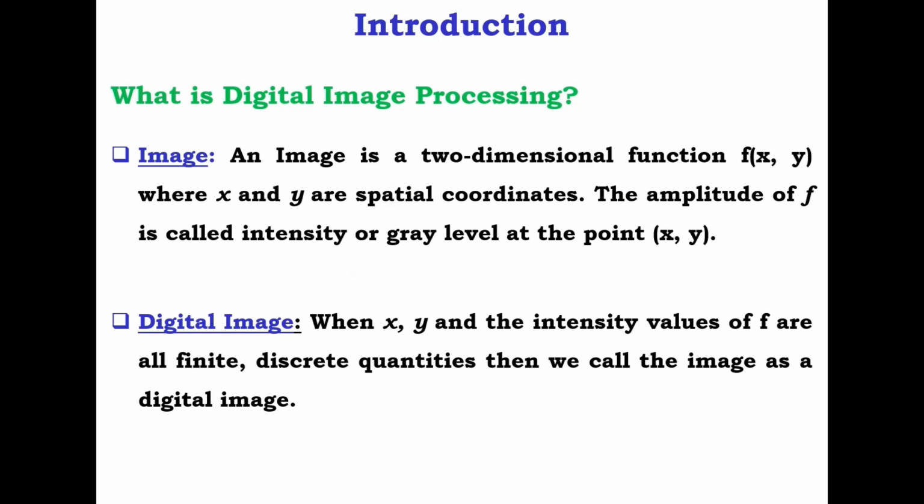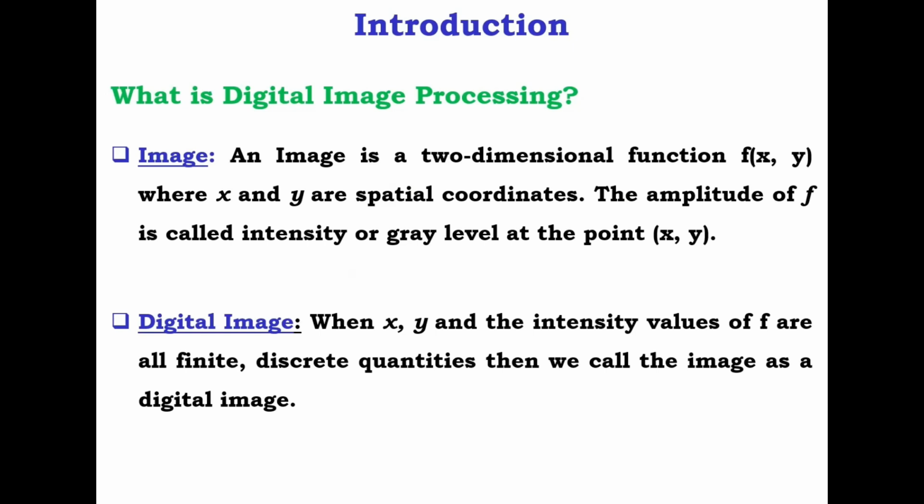Now, the amplitude of f is called the intensity or gray level at a particular point x comma y. So please remember these points, f of x comma y and f, so that we can understand the definition of digital image easily.